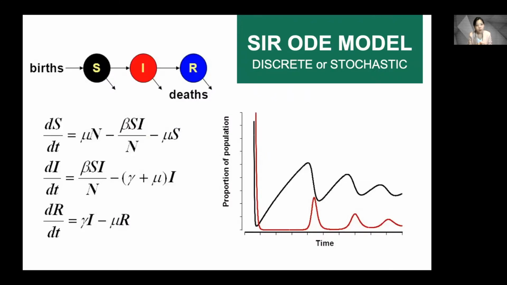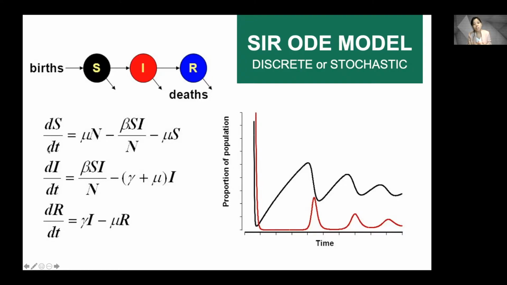In this slide, we are showing a simple illustration of how a simple SIR compartment model works. We focus on the first equation for the change of the susceptible population with respect to the change in time.